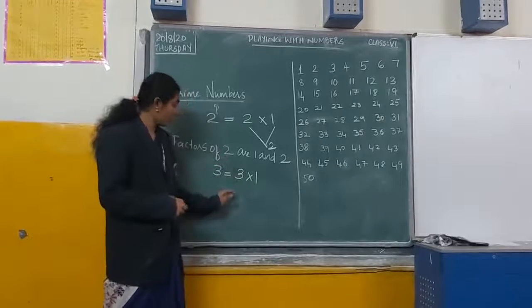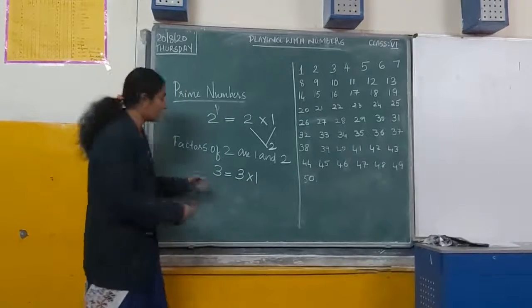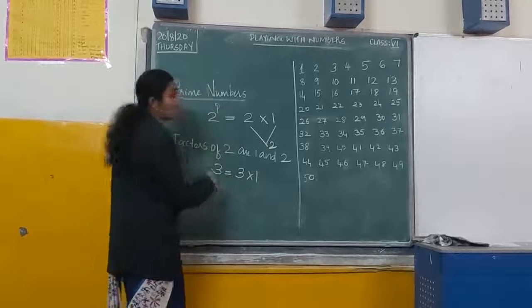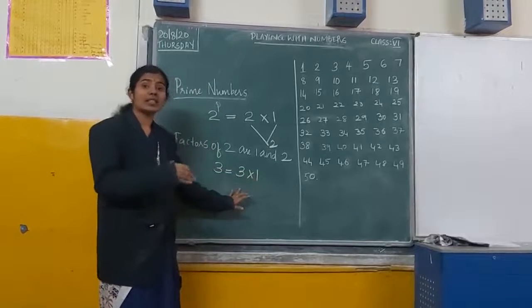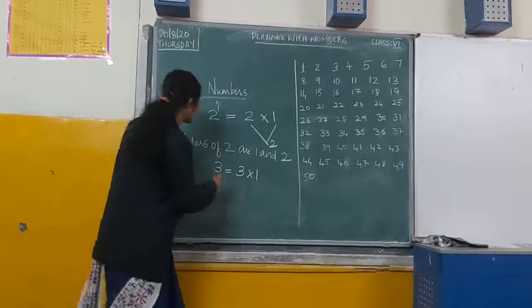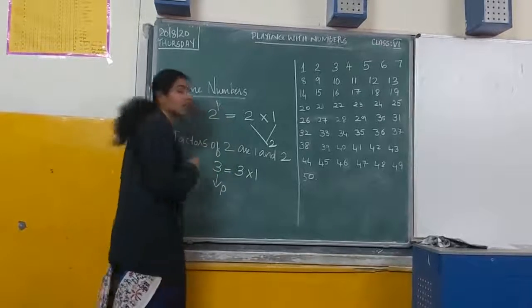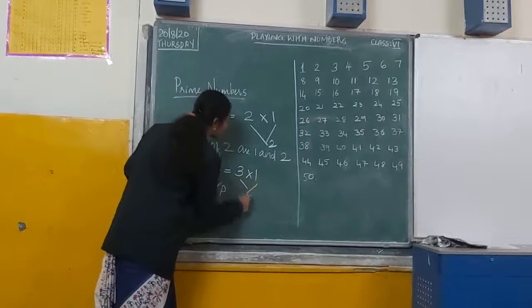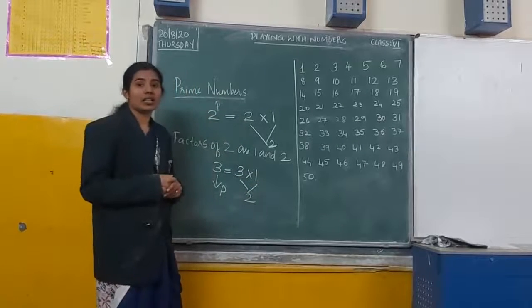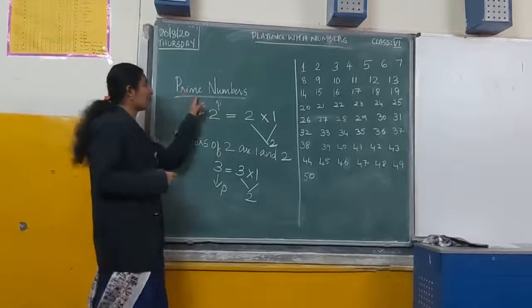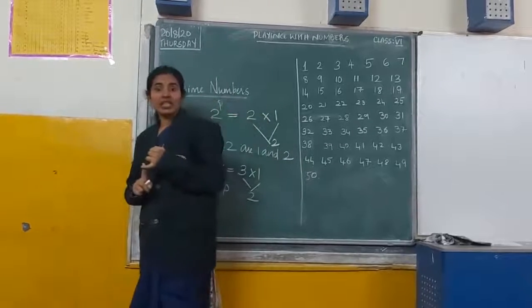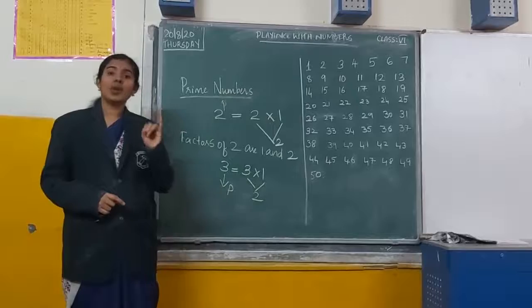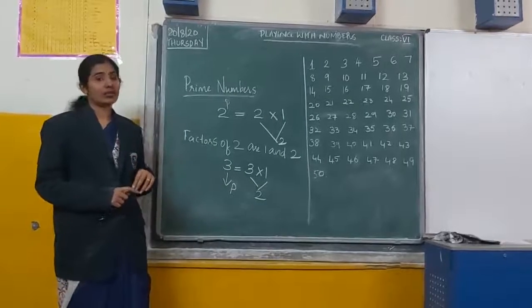That means the only factors of 3 are 1 and the number itself, so 3 is a prime number. Total 2 factors. So prime numbers have only 2 factors: 1 and the number itself.